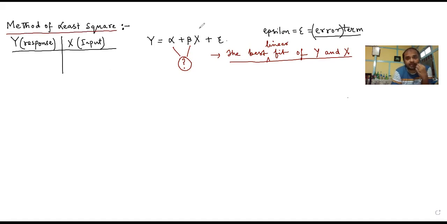Since alpha and beta are not known, we shall estimate alpha by an estimator denoted by alpha cap, and without any loss of generality, let us name this estimator capital A. The estimator of beta, since beta is unknown, is denoted by beta cap, and let us name it capital B for the sake of simplicity in our calculation.